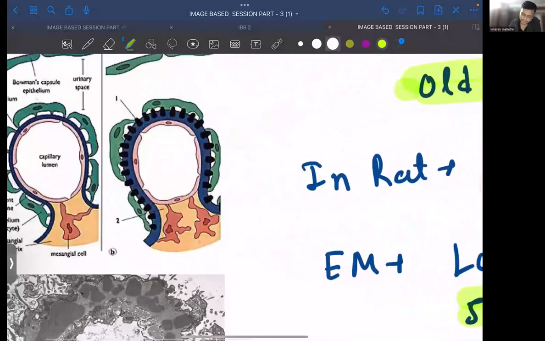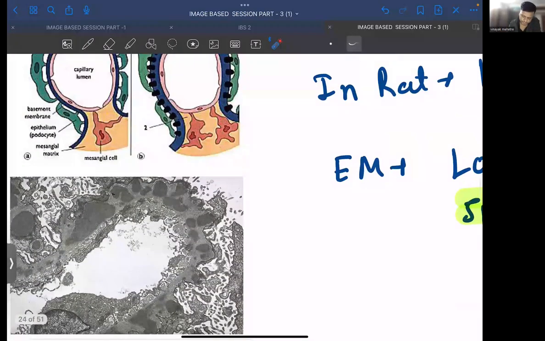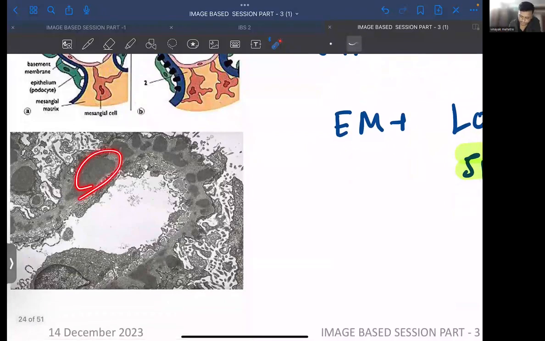Take a look over here. It looks like spikes, right? It looks like spike appearance, right? So this is called spike and dome appearance. Okay, spike and dome appearance. And if you take a look over here, the podocyte has lost its foot from the base.